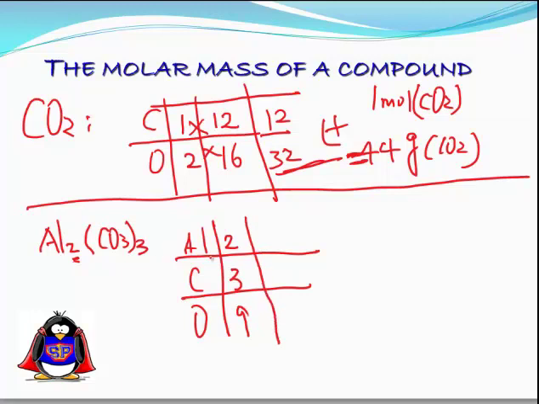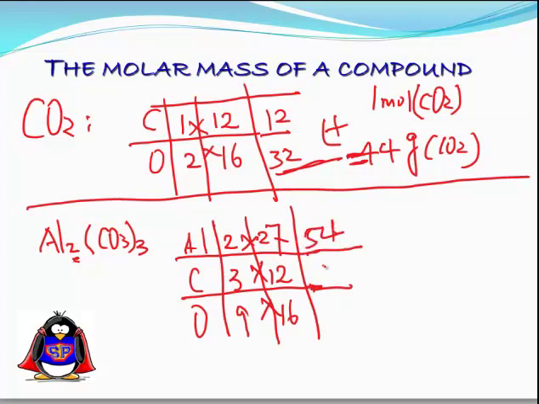And the molar mass for each element: aluminum will be 27. And carbon, obviously, we should be familiar with, is 12, and oxygen is 16. So now you start to multiply those 2 columns, generate the third one with the cross multiplication.